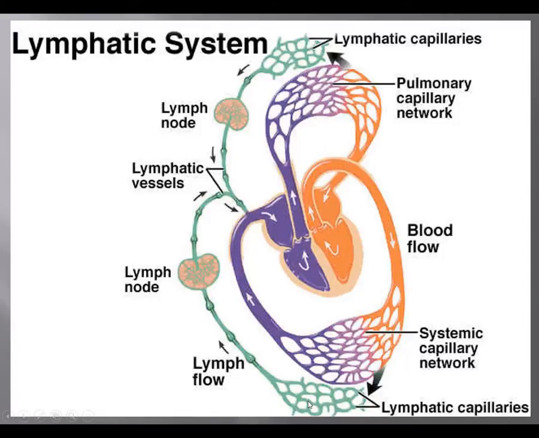Of that 20 liters, 17 liters are taken back up into the vascular system, but the other 3 liters are drained via the lymph channels, lymph nodes, into the left innominate vein and the right subclavian vein. So what that does is it keeps lymph tissue all over the body. Lymph tissue rich in phagocytes, rich in lymphocytes, sort of patrolling every tissue in the body looking for problems.